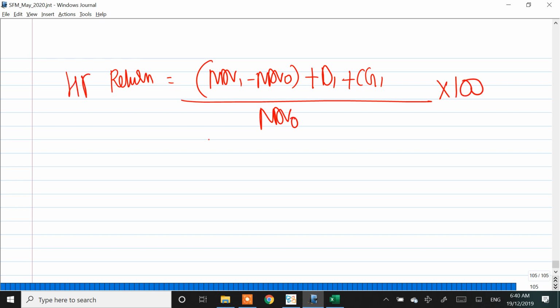This is called as holding period return. Though we keep using D1 and CG1, many questions will talk only about dividend distribution, they may not talk about capital gain distribution.